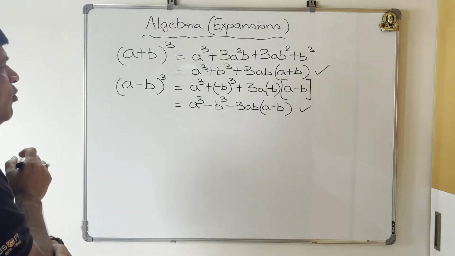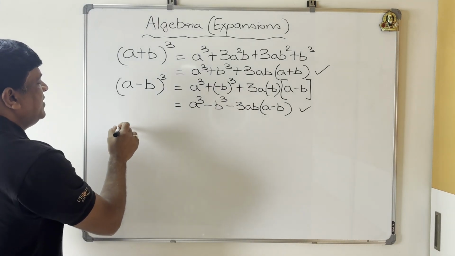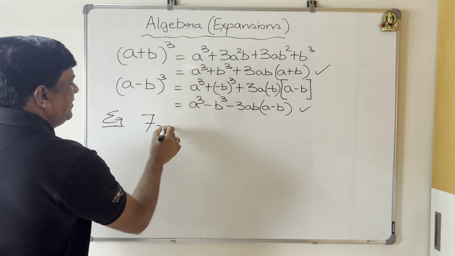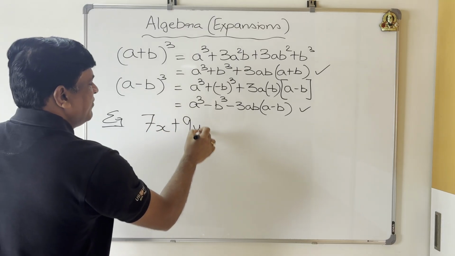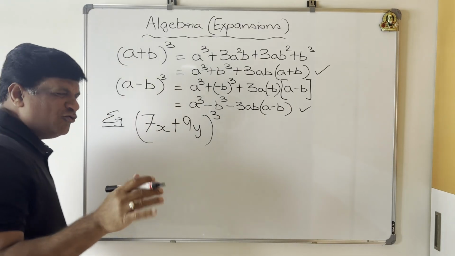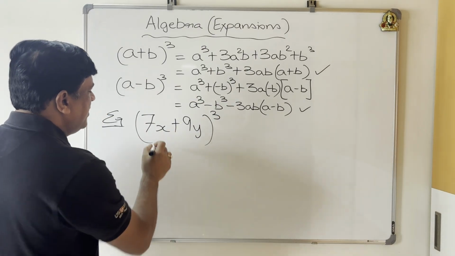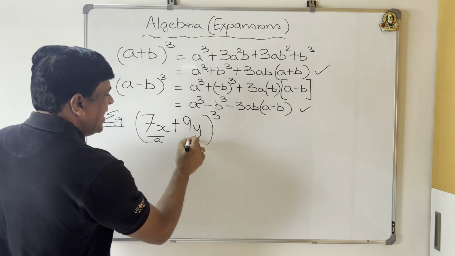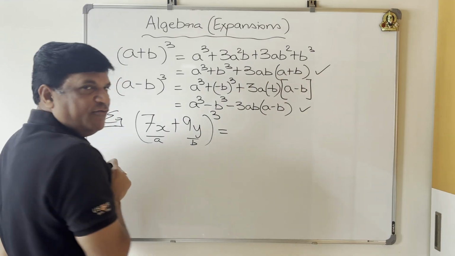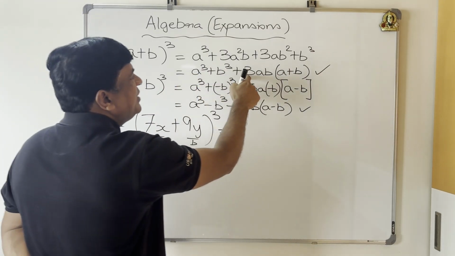For example, tomorrow if they give you a problem like this, 7x plus 9y whole cube. Are you going to go ahead and multiply that 3 times? No, you are not supposed to do that. So treat this as a and treat this as b. So what do you have from the formula? It's a cube plus b cube plus this one.